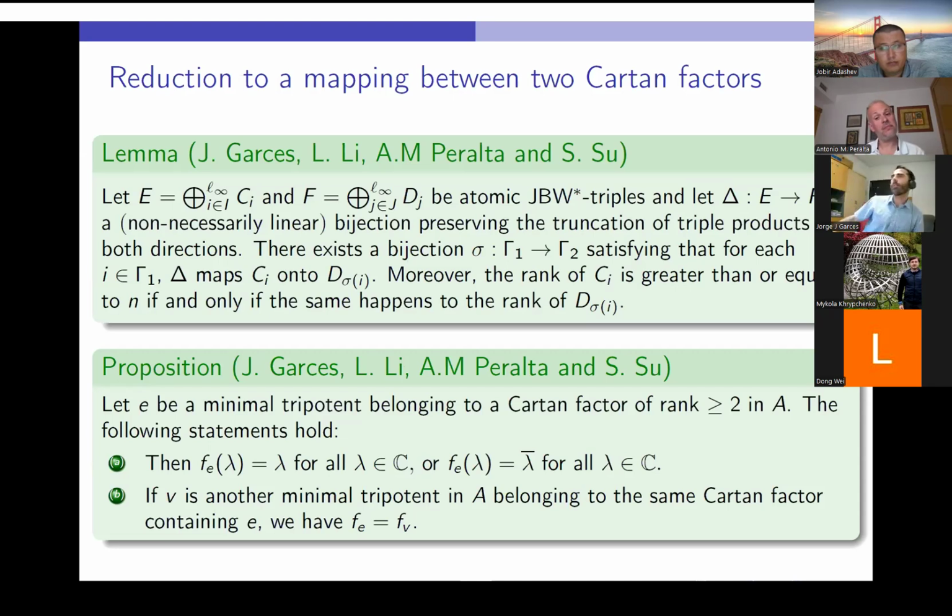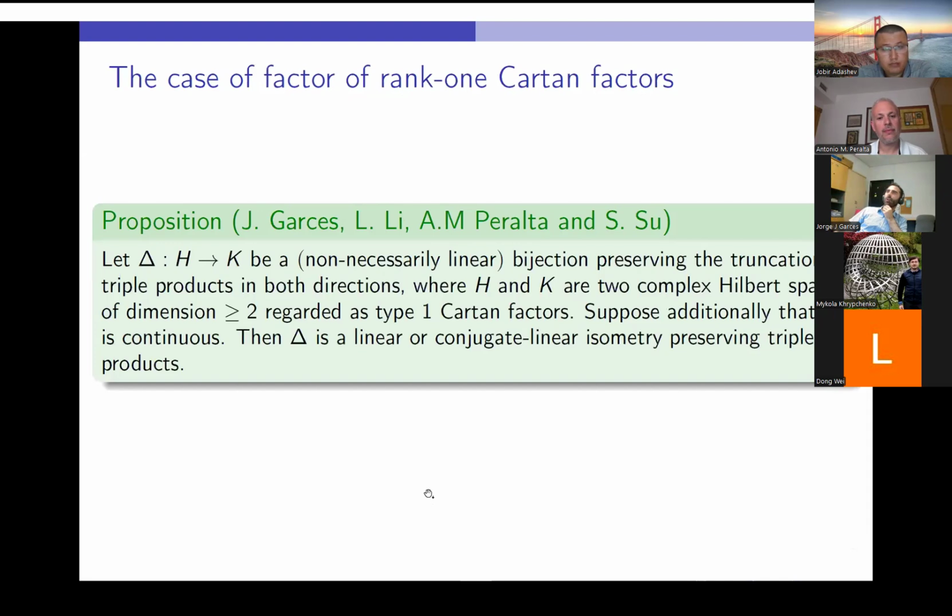Yes. And there is still one case remaining. Observe here, we didn't need continuity. Unfortunately, there is one case that is not covered by this, and it's the case of rank 1 Cartan factors. So in the case of rank 1 Cartan factors, we can also have what we want, that delta is a linear or conjugate linear isometry.